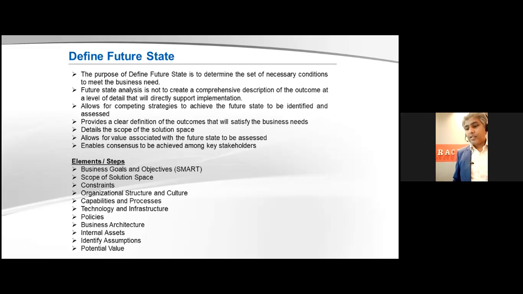Whenever somebody says that these are the objectives of the business, we want to fix this issue of customer satisfaction, and now our objective is to have 85% customer satisfaction, that has to be SMART. SMART means it has to be specific, measurable, attainable, realistic, and time bound. So if I mention a business goal, I need an 85% customer satisfaction ratio.